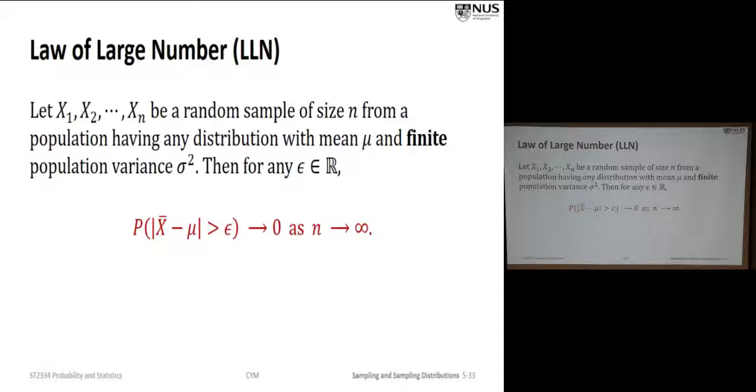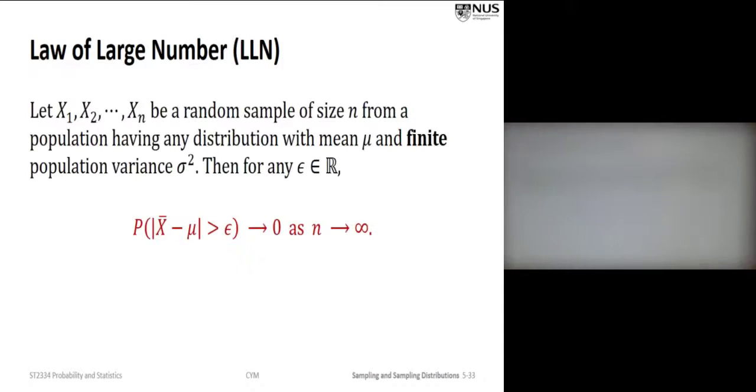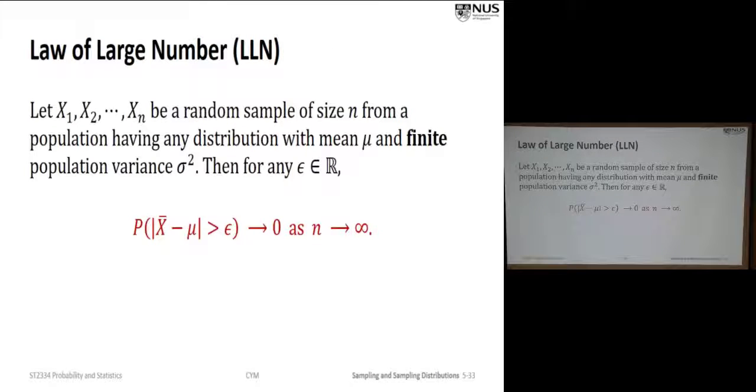What it says is that the probability is close to 0 for this event. What is this event? It says that your sample mean compared with the actual mean mu, where mu is the expectation of x and sigma squared is the variance of x.